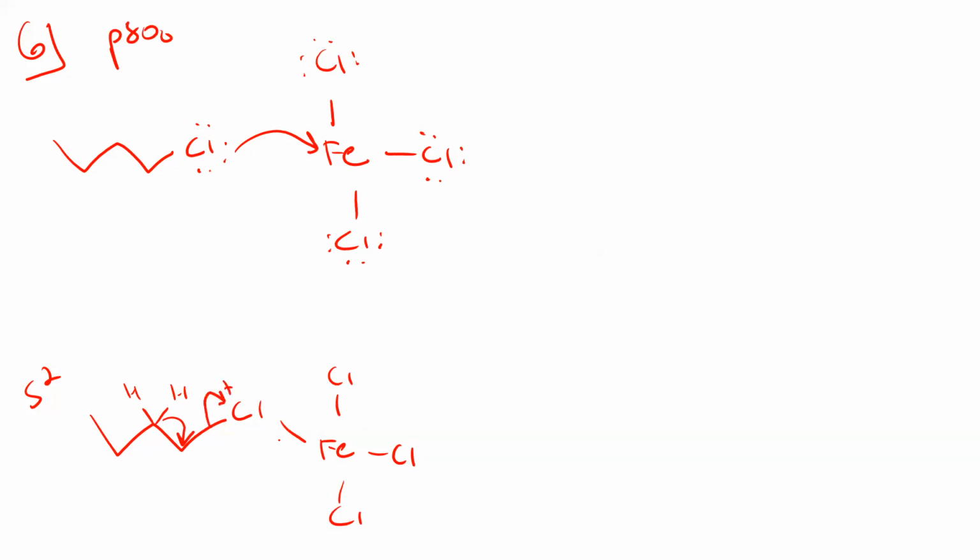There's a positive charge here. This would be a negative charge. So we have that going on. And then it says complete the structures for step 3. I think we can do this on the same slide. We'll just put them over here.